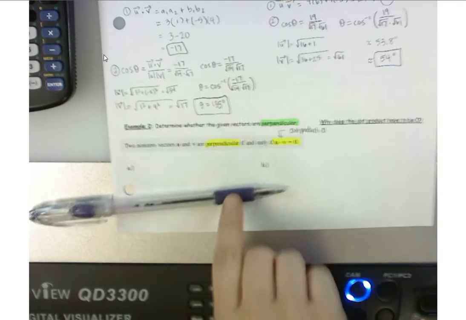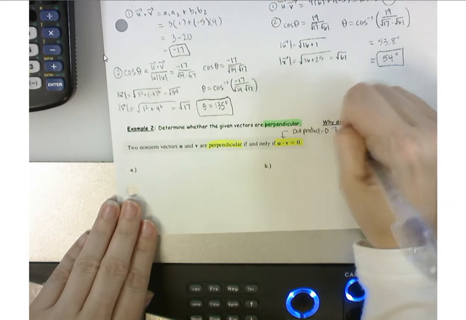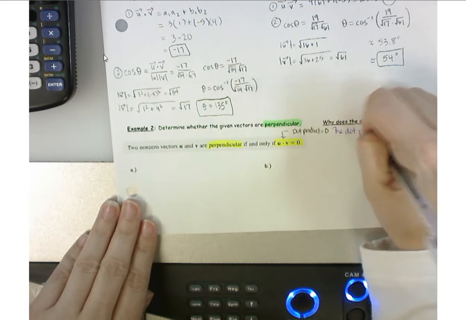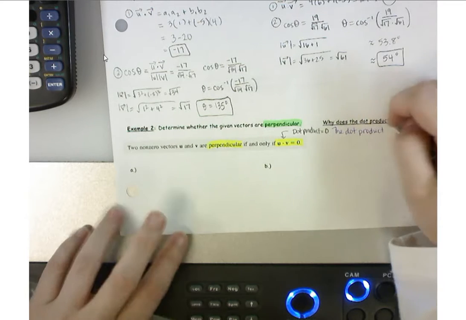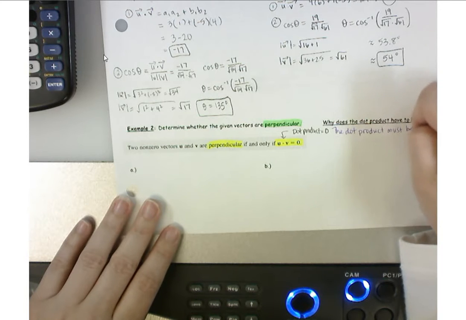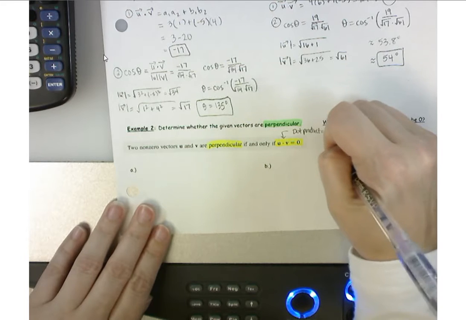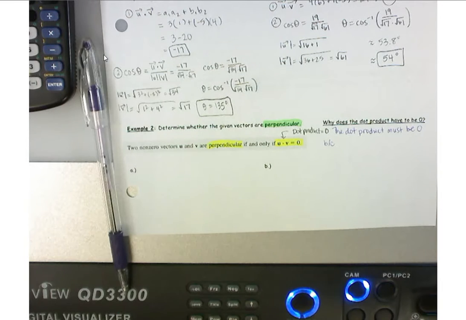The dot product must be 0 because, and now we can think about this.